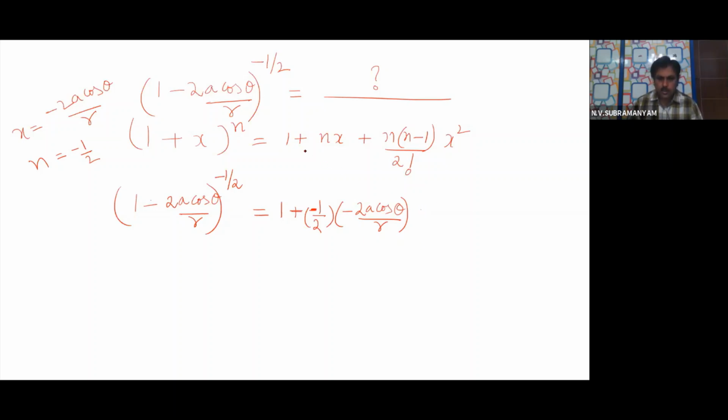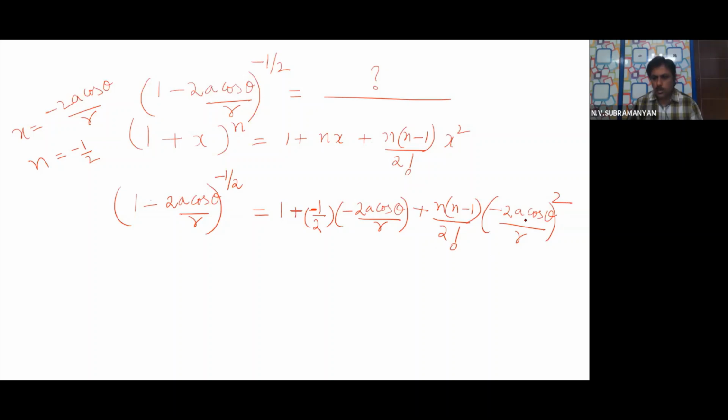As per the formula again plus n into n minus 1 by 2 factorial into x square. What is x square? This is the x value, that means minus 2a cos theta by r whole square.